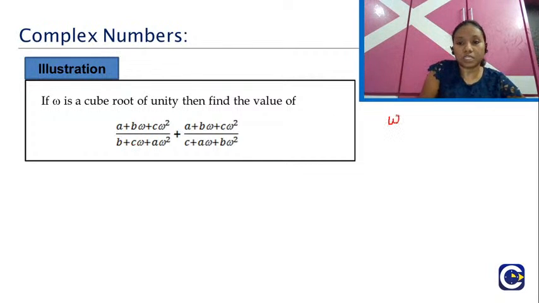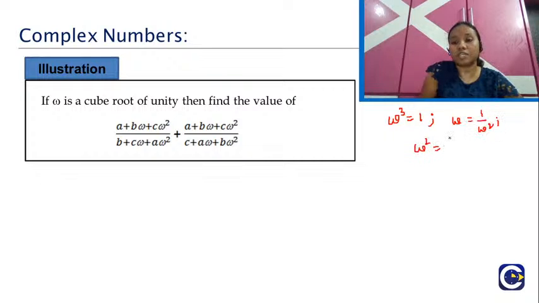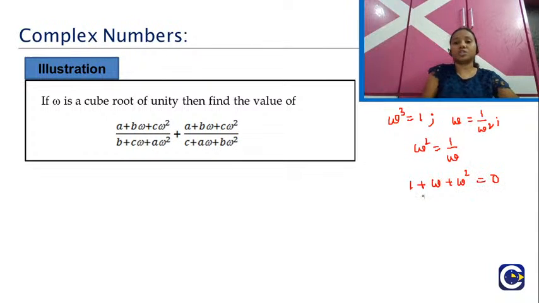So what are the properties? The first property is omega cube is equal to 1, and the second property is omega can be written as 1 by omega square, or omega square can be written as 1 by omega. And our third property is the sum of the roots, that is 1 plus omega plus omega square is equal to 0. So these are our properties of cube root of unity.